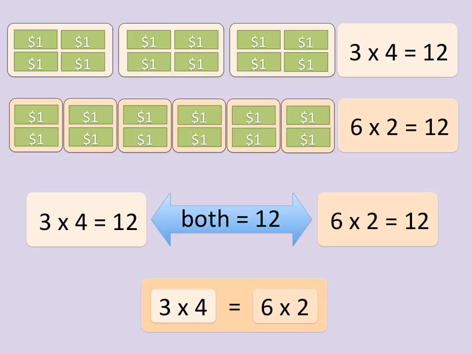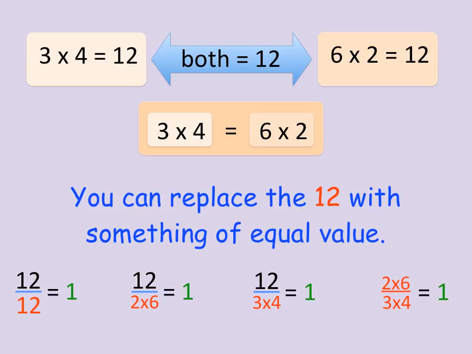Also makes 12 altogether. 3 times 4 is 12. 6 times 2 is 12. They both equal 12. So down at the bottom we can see 3 times 4 equals 6 times 2. They both mean the same thing.